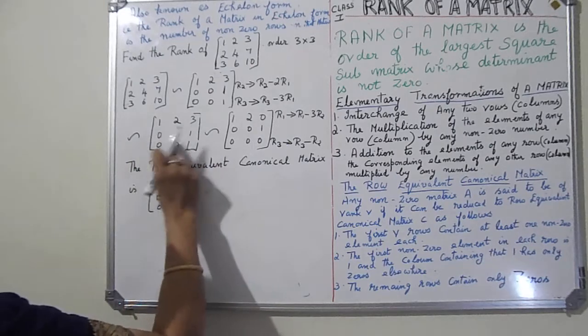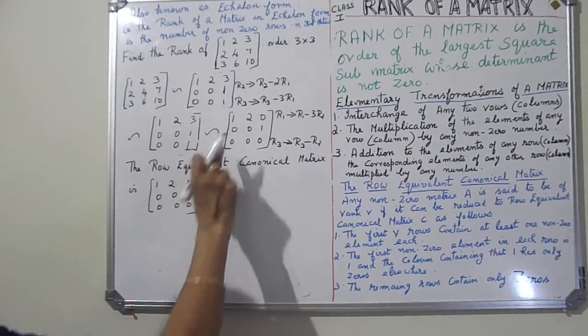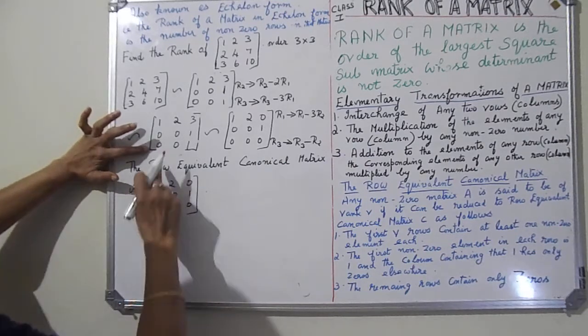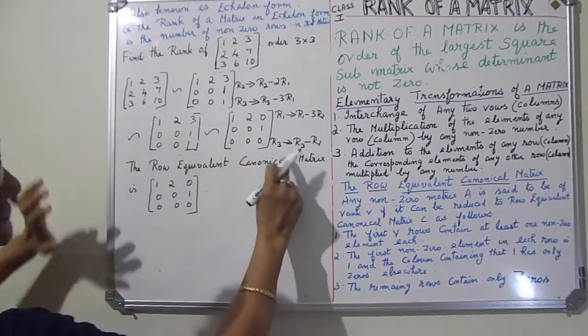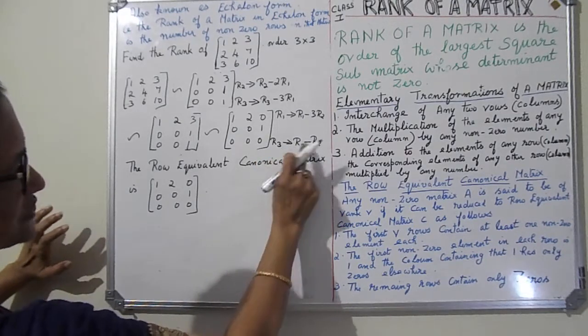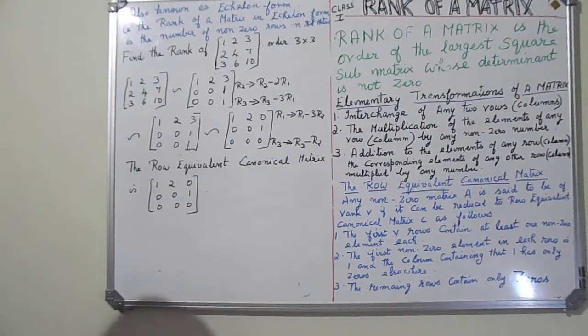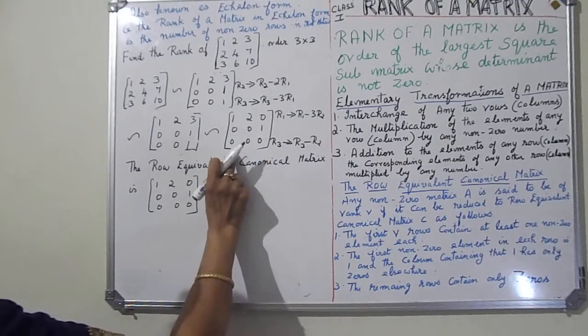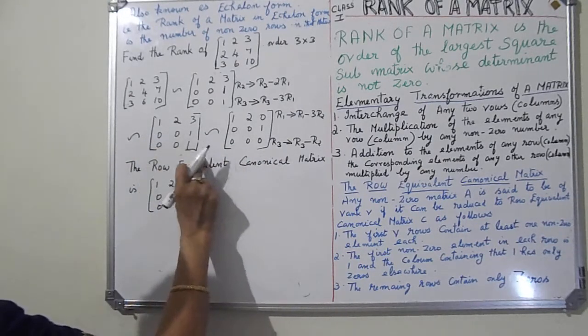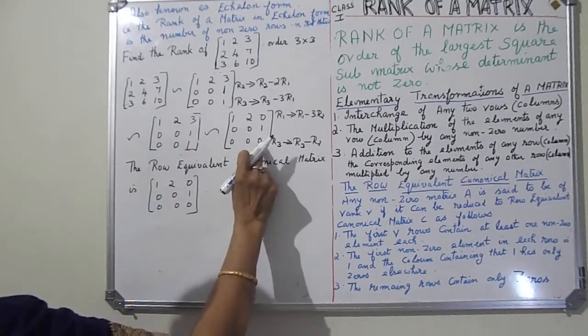Now the second row I am writing as it is, 0, 0, 1. I am transforming the third row. What is the transformation I am using here? R3 is transformed to R3 minus R2. That is 0 minus 0, 0. 0 minus 0, again 0. 1 minus 1, 0.